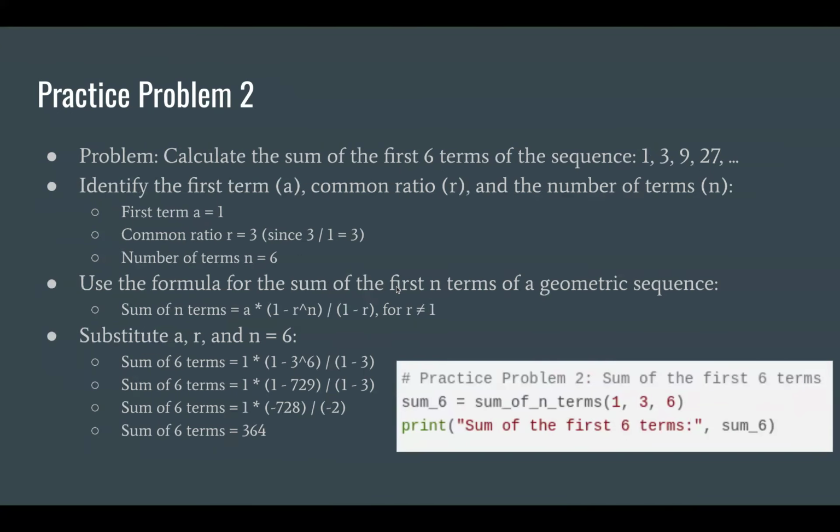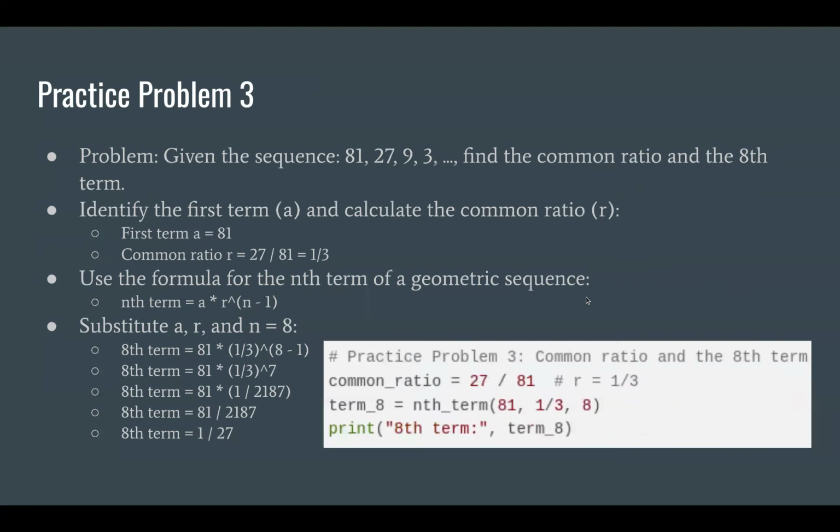Practice problem 2: calculate the sum of the first 6 terms of the sequence 1, 3, 9, 27. Similarly, you want to identify the first term A, which is 1, the common ratio R, which is 3, and the number of terms, which is 6. Then we just need to use the formula for the sum of the first n terms.